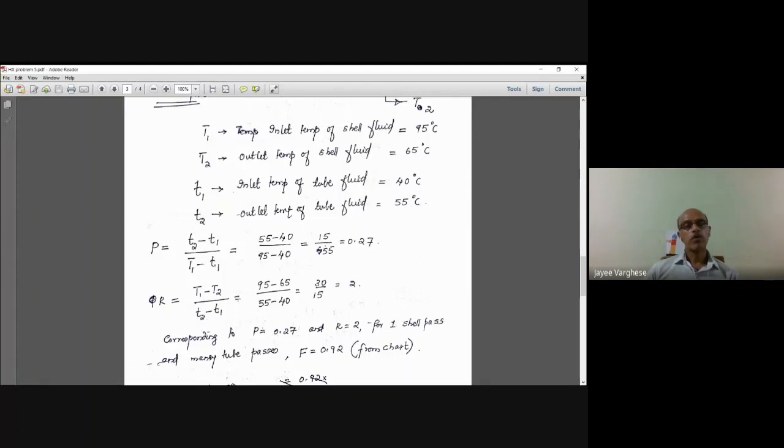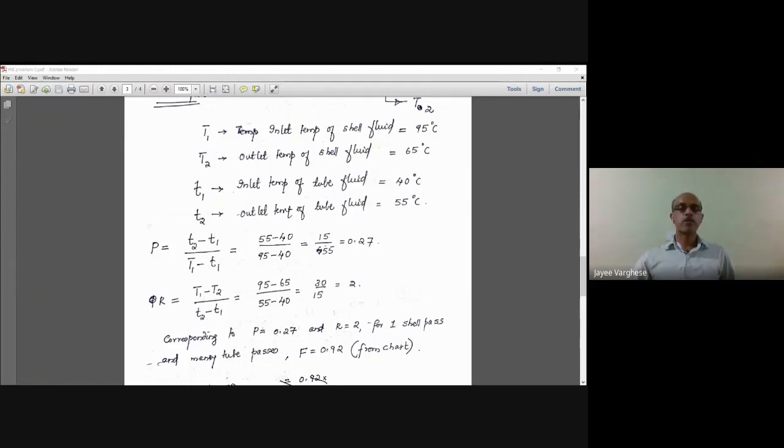So now based on the values of P and R, the correction factor for one shell pass and any number of tube passes, 2, 4, 6, etc., can be obtained from this chart.